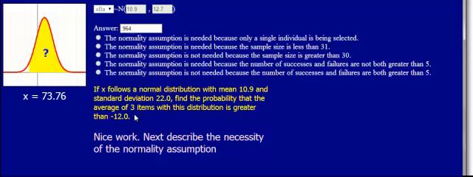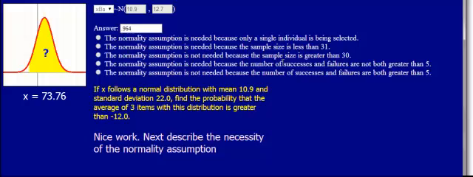Just look at the rest of them to see where they would come about. So the first one would be had it been just one single individual. The third one is had the sample size been greater than 30. The fourth one is had the number of successes and failures been not both greater than 5. That would be the case if the survey question was a yes or no question.